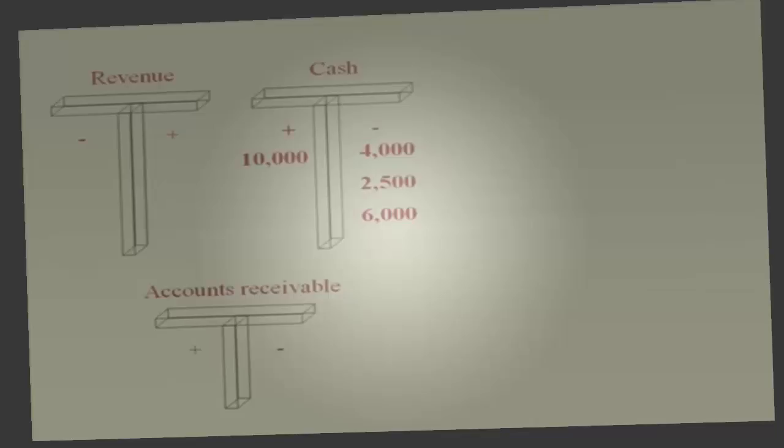Cash increased $40,000, so you put $40,000 on the left. And accounts receivable increased $19,500, so you put $19,500 on the left. Now you got to do the journal entry, which looks like this.